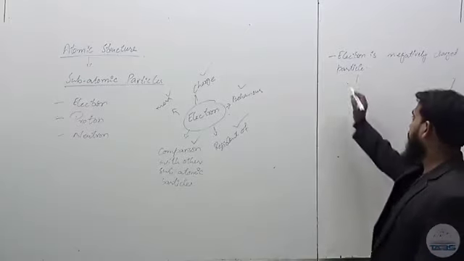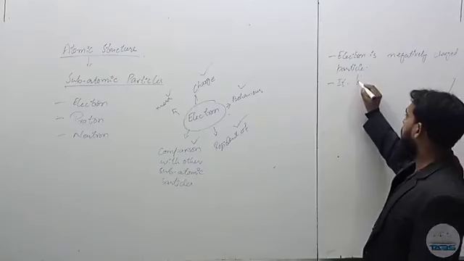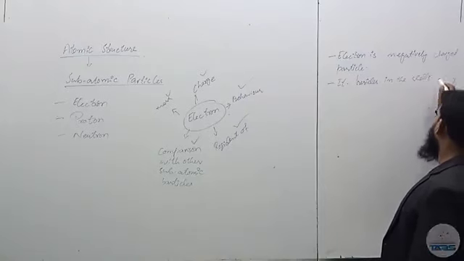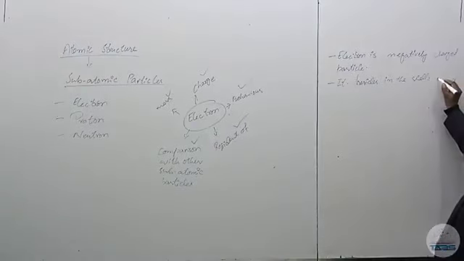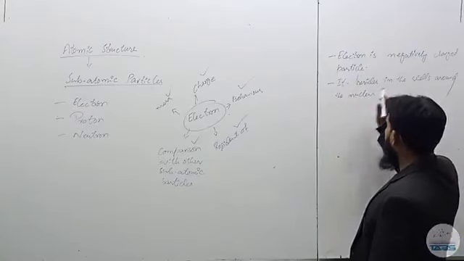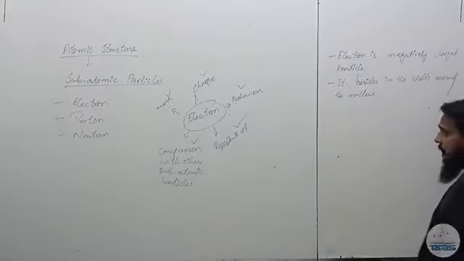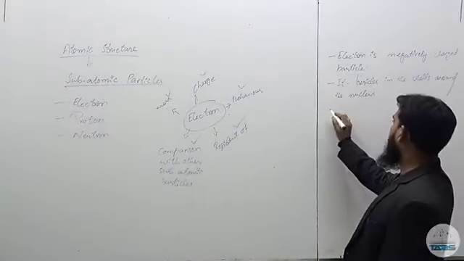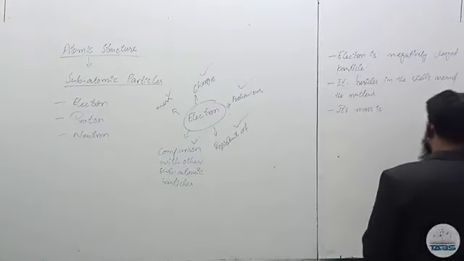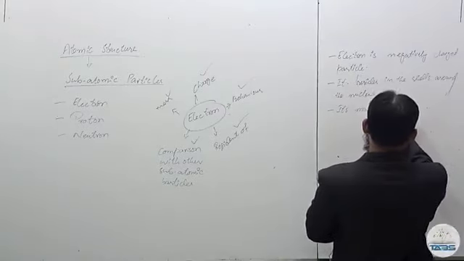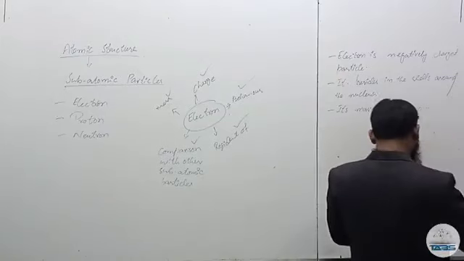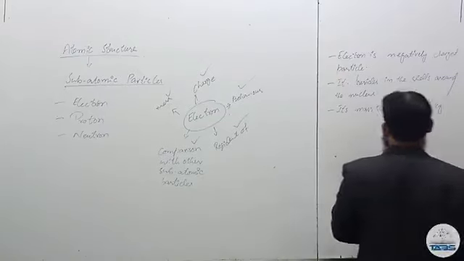Number 1 point, it resides in the shells around the nucleus, and you can also write about its mass, which is 9.109 into 10 raised to minus 31 kg.